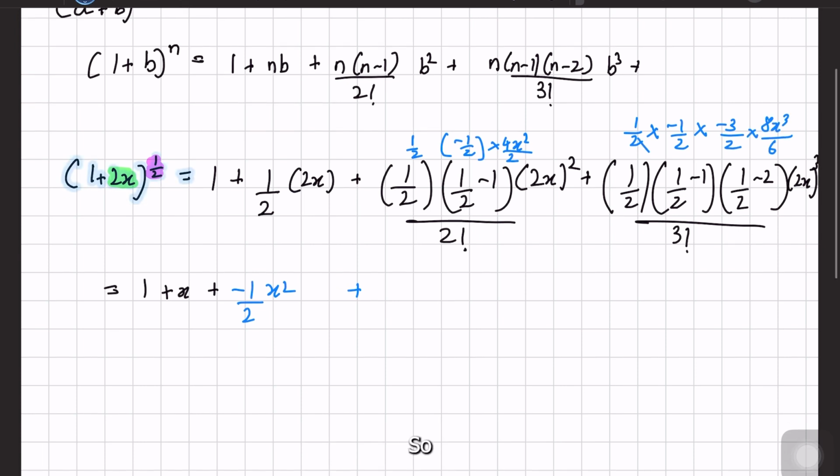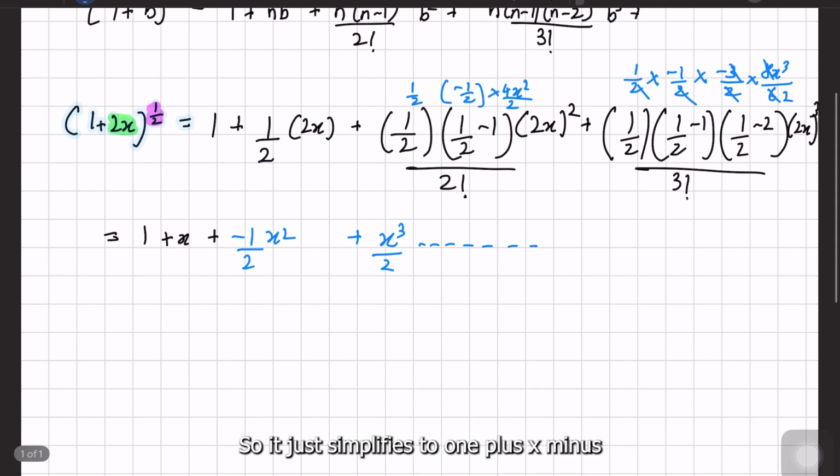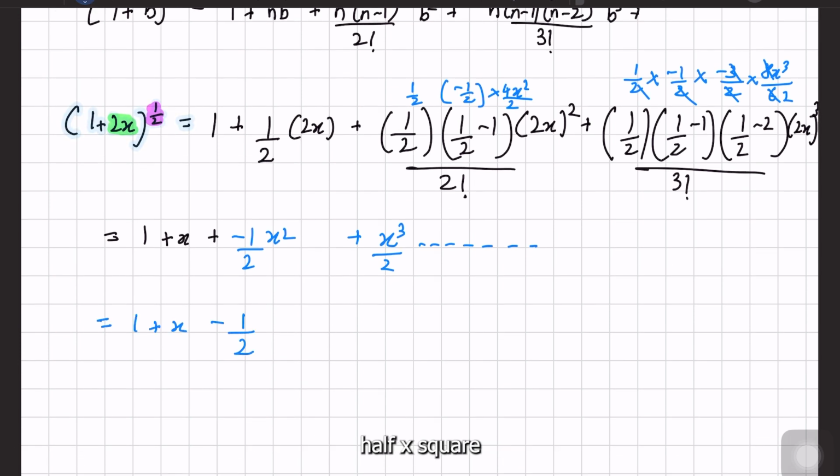So these two cancel out with 8 and 3 2s are 6. And then the minus signs also cancel out. So I'm left with x³/2. And then this continues like this and so on. So it just simplifies to 1 + x − x²/2 + x³/2.